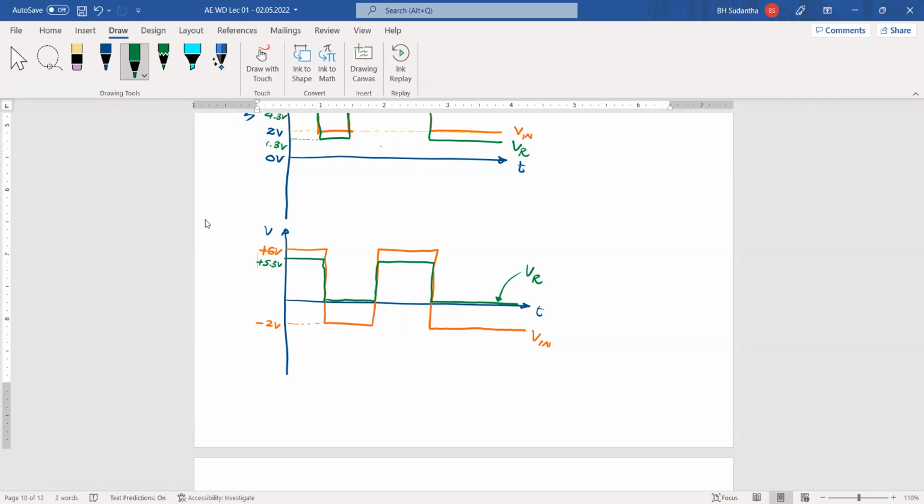Because when a negative voltage is applied, the diode will be reverse biased. Then there is no voltage or current going through it. Then the other side voltage is 0. It's okay.